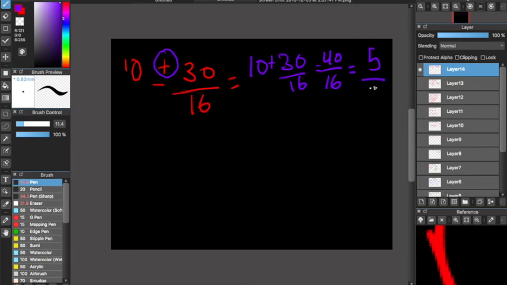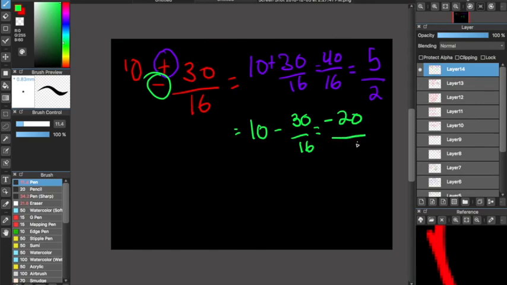So it's 5 over 2. And then we're going to do the minus. So 10 minus 30 over 16 is minus 20 divided by 16. So it's going to be minus 5 over 4.